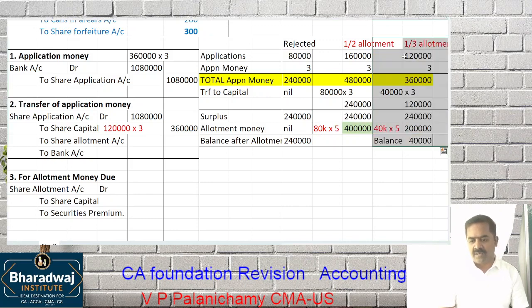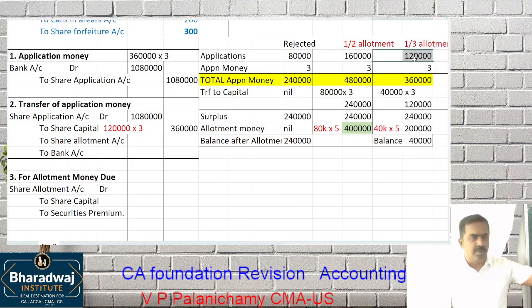Look at the 1/3 allotment, 1,20,000. Let us assume you paid 1,20,000 into 3. How much did you pay? 3,60,000. But how many shares has the company given you? 40,000 into 3, how much? 1,20,000. How much surplus is there? 2,40,000 surplus. From you, what is the allotment money due? How many shares are given to you? 40,000 into 5 rupees.